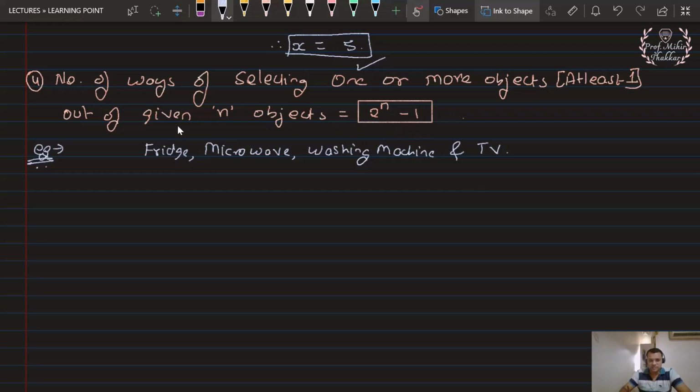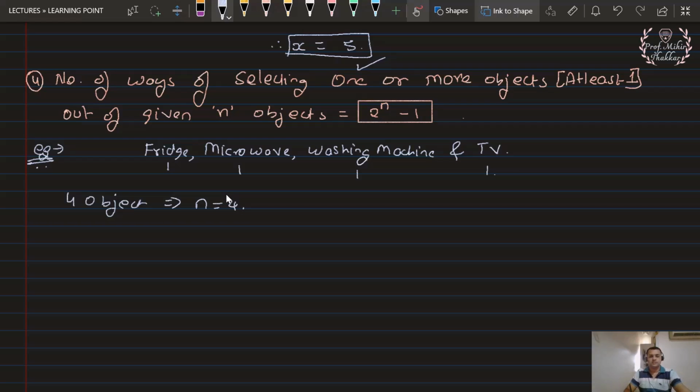Now all these things are actually very costly, and it is not practically possible for everybody to go and buy all the things at the same time. So what many people do is they think whatever things I need first, I will buy first, and then they can go on adding more things. So probably over here I am having 1, 2, 3 and 4 objects which I want to select. So I can say that n is equal to 4.